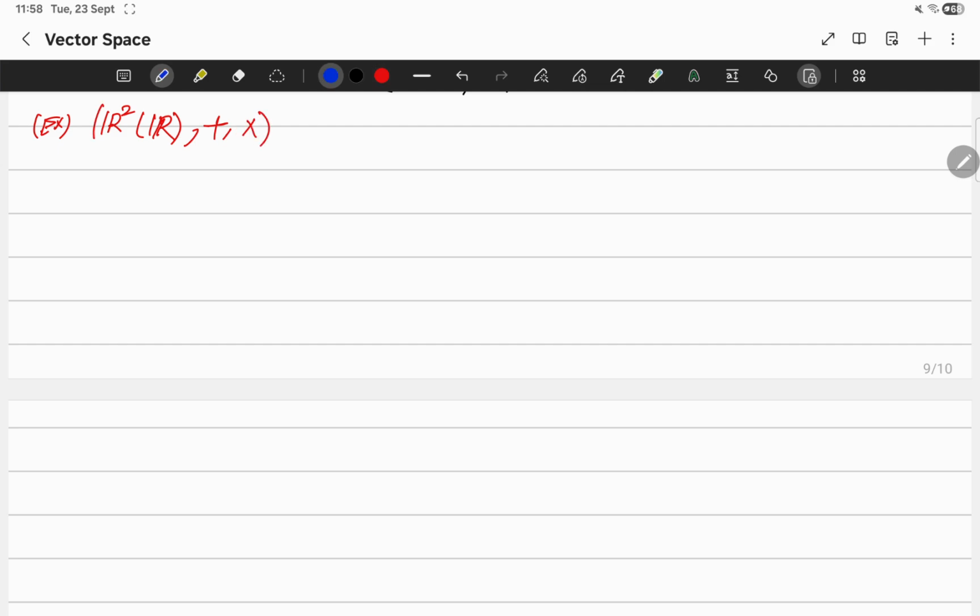So what you have to understand here is that V is your R2 and F is your R. So understand what R2 is. R2 is a set whose elements are in the form x1, x2. So if x is any element here, it has two coordinates x1, x2, which are in R. This is the structure of R2.